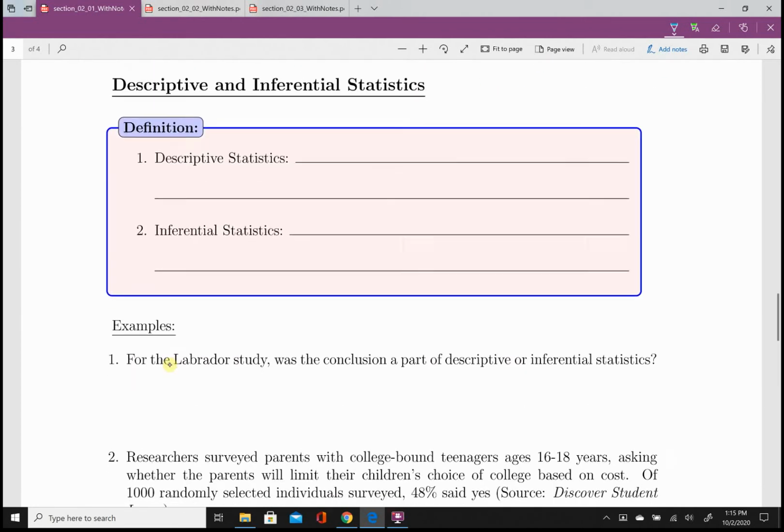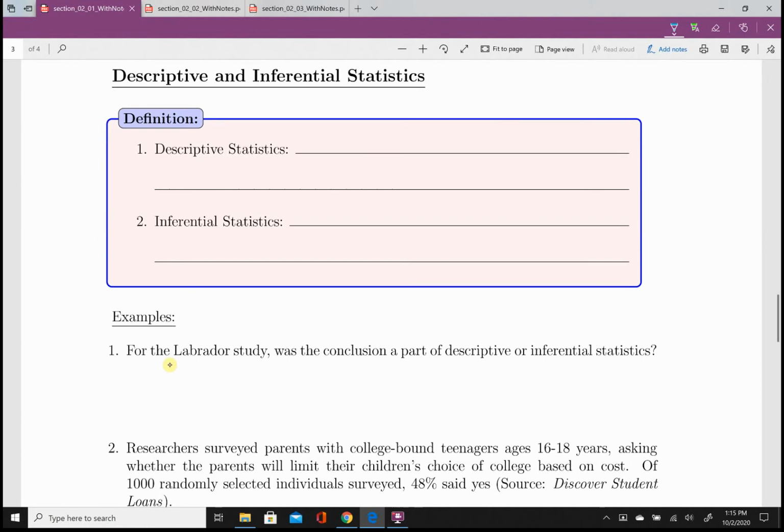Let's define some more terms and then talk about some more examples here. Now, there are different kinds of statistics that can be analyzed here, and so we want to make the distinction between these two distinct types.